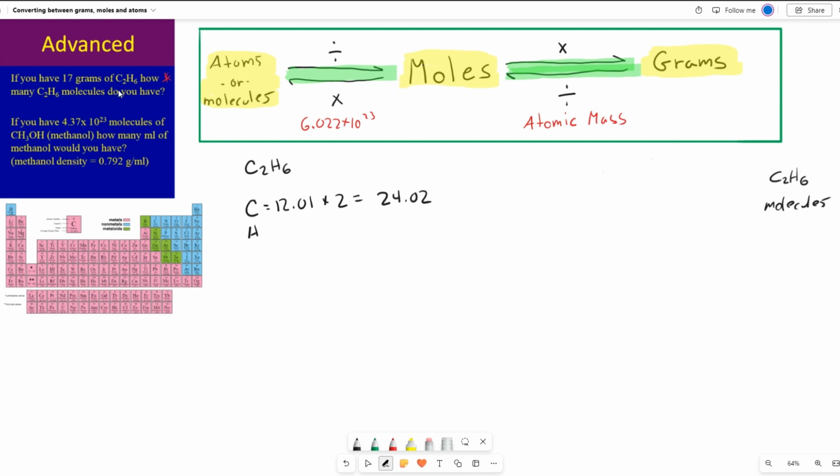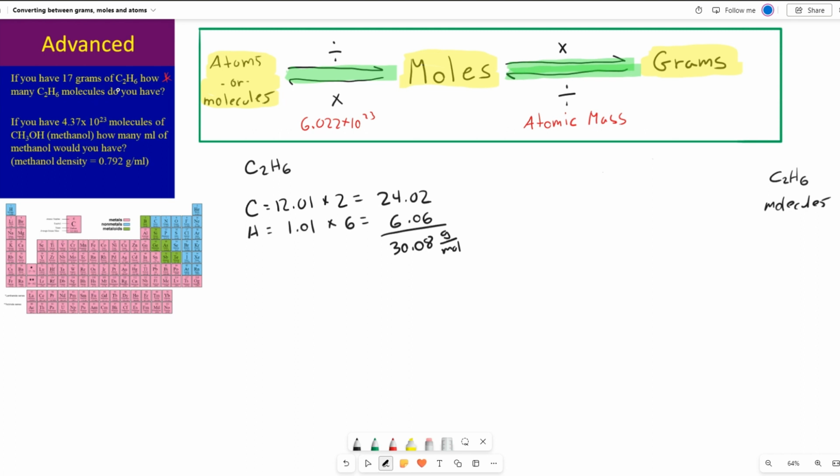Then we also have hydrogens, and they weigh 1.01, and we have 6 hydrogens, so that comes out to 6.06. So if we add both of those up, we get 30.08 grams per mole, as the molecular mass or the formula mass for C2H6.